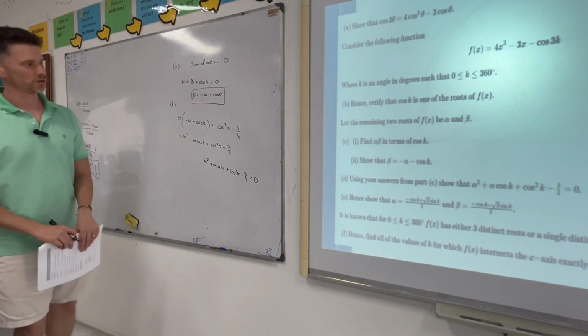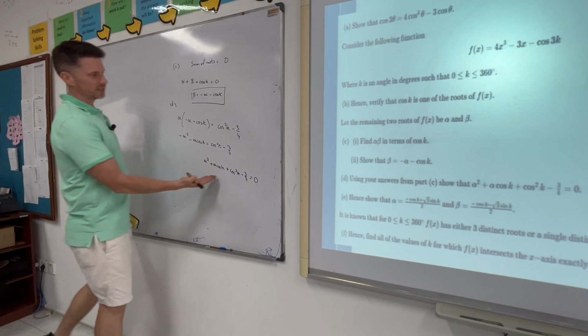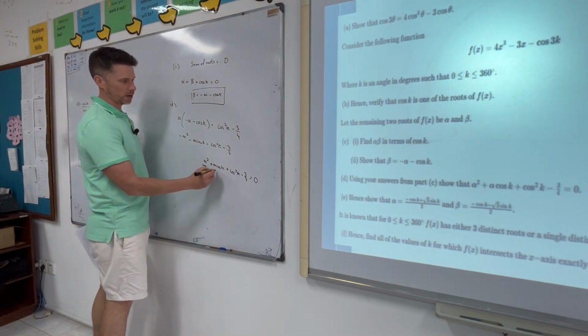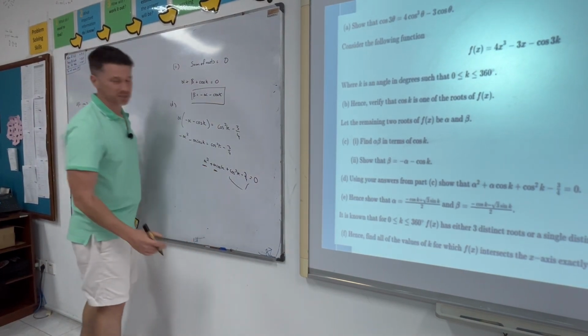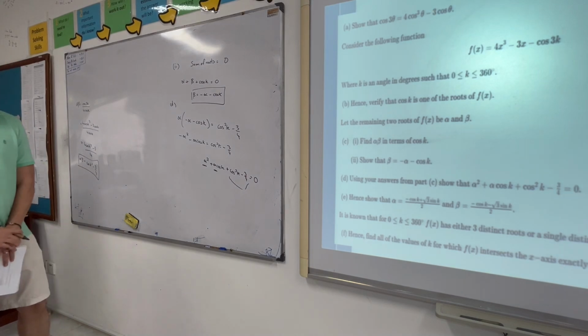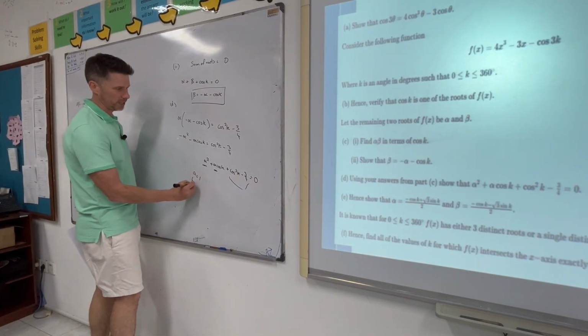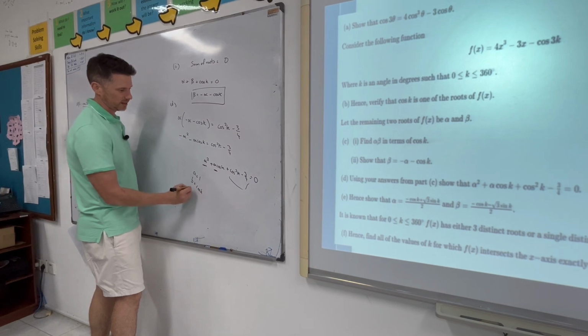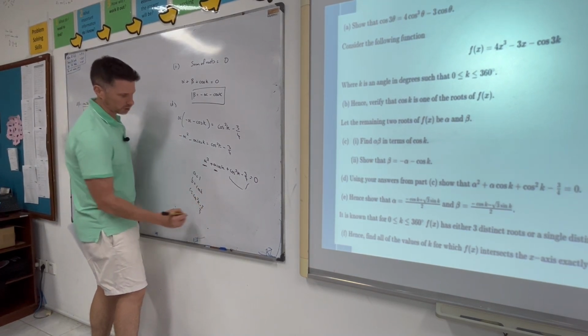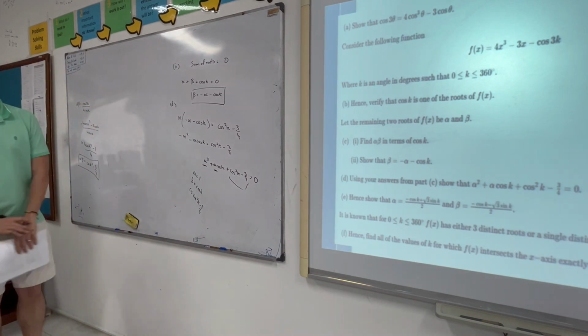Maybe you see that this is a quadratic: alpha squared, alpha, and then a constant. So in this case, A would be 1, B would be cosine k, and C is this entire thing of cosine squared k minus 3/4. It's just some number.